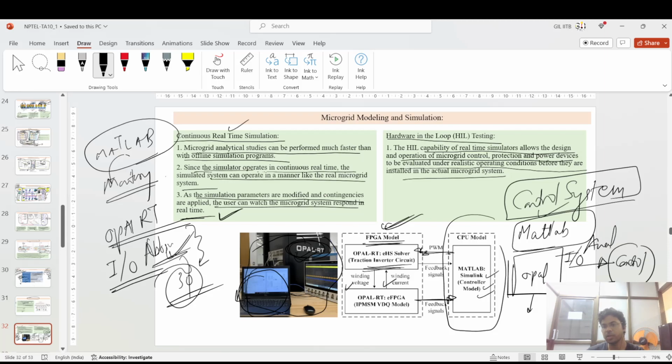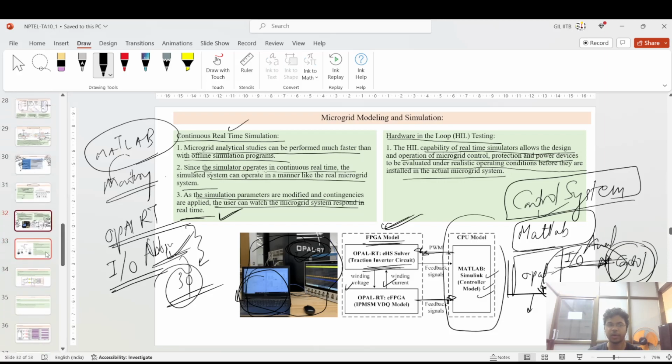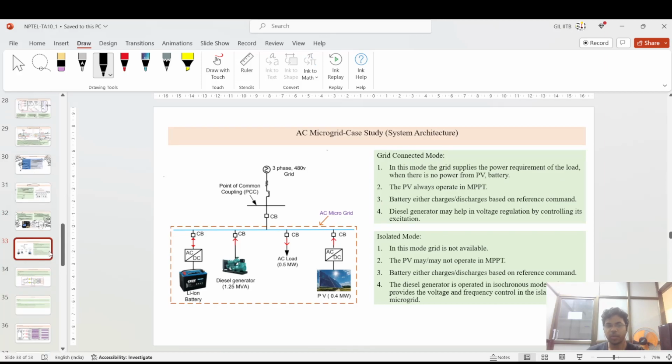Suppose your control takes analog input and gives digital output, PWM pulses, to the converters. For that, OPAL-RT generates the analog signal, gives it to the controller, and takes the PWM signal and feeds it back into the OPAL-RT. So this is a kind of real-time hardware in loop. You take the control into action together with the OPAL-RT, which provides the actual environment. That is the main desirable feature.